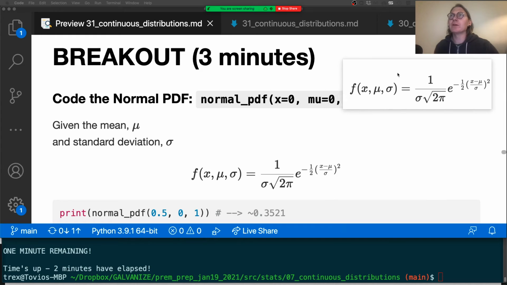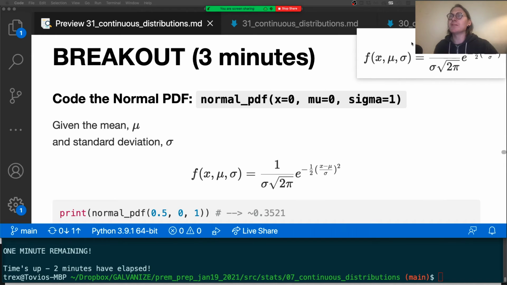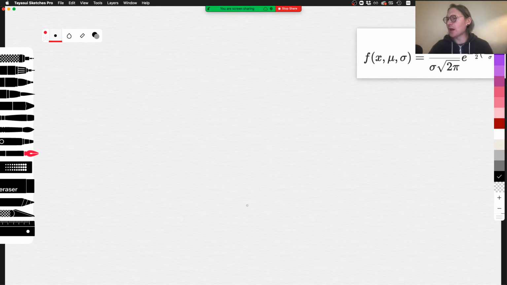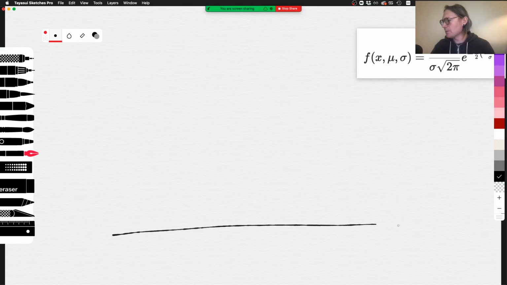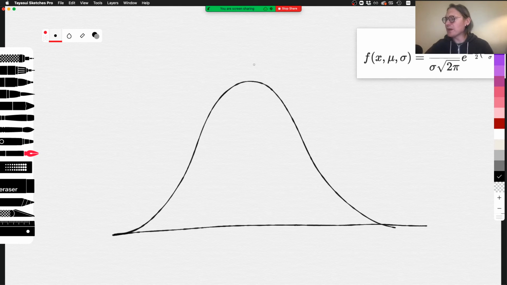And I want to be clear what we're seeing when we pass in values to the normal PDF. This isn't getting us out a probability per se, right? This is getting us a value that we can use in the cumulative density function.